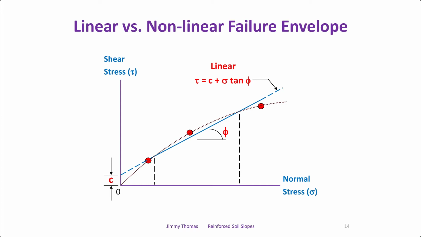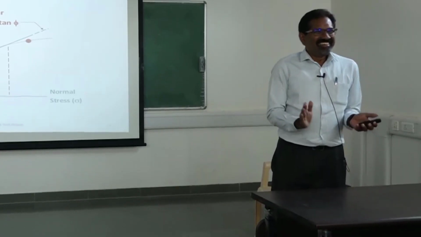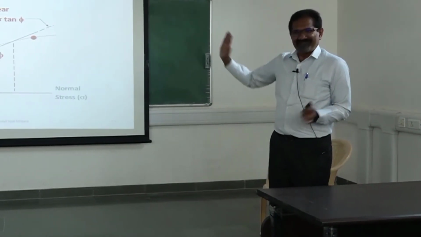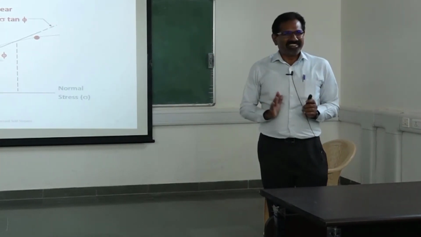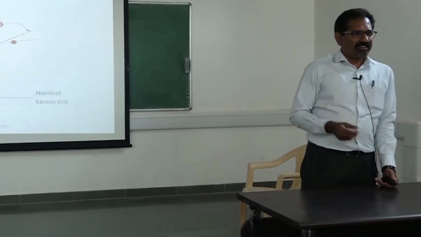What is the equation of a straight line? y is equal to mx plus c. If we just call these c and m, no problem, we are very clear. The problem comes when we go with a physical interpretation like c or phi.